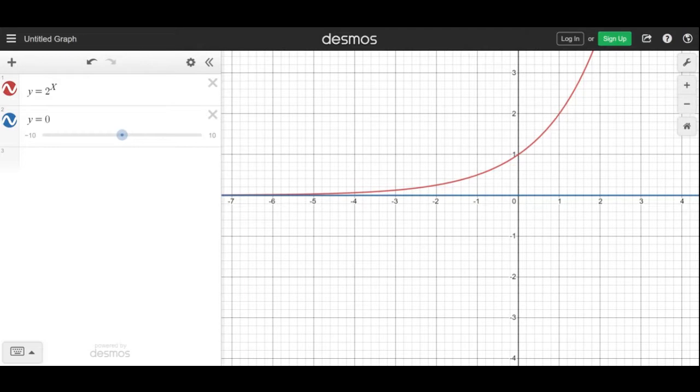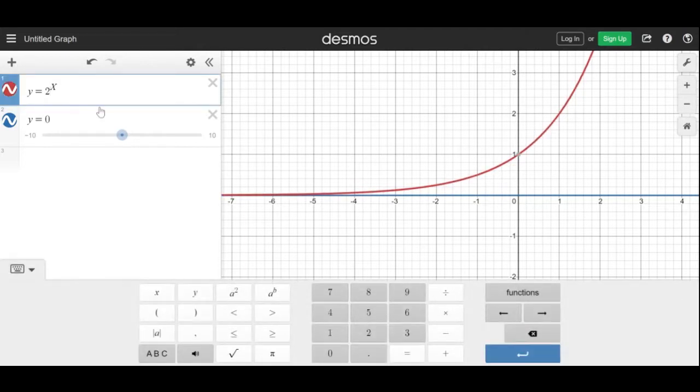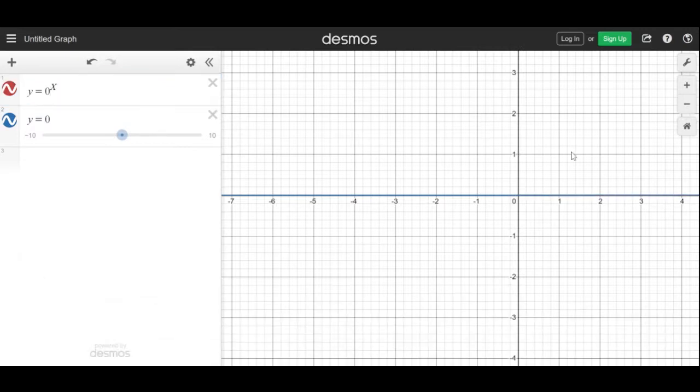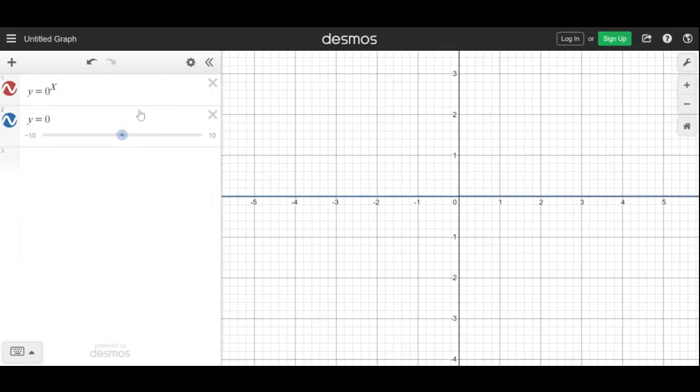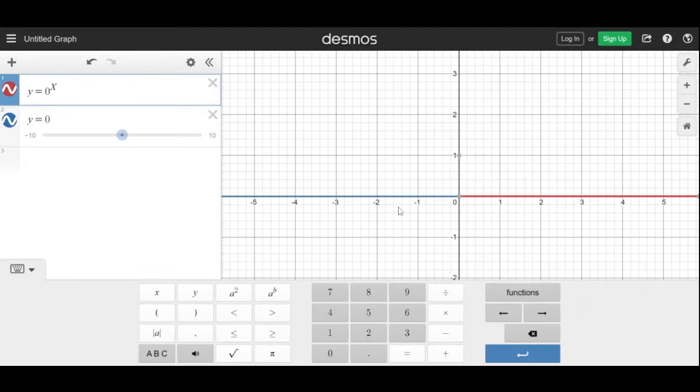Okay. Now, a while ago, we said that a cannot be equal to 0, and it should be greater than 0. Okay, so if you have a 0 here, as you can see, the left side of the graph is just a line that's going to be created. It's a horizontal line, but going to the left, there's no line here.